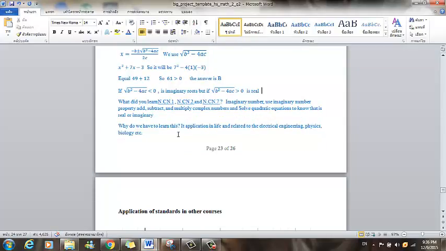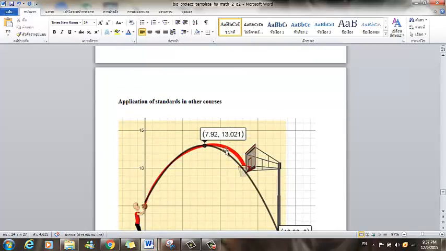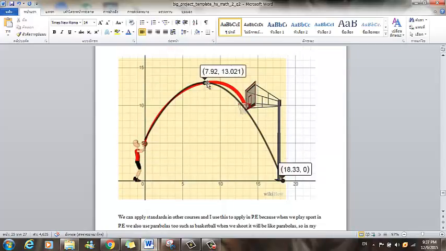Why do we learn this? Because it has applications in life and relates to engineering, physics, and biology. This one is an application of the standard in another class.